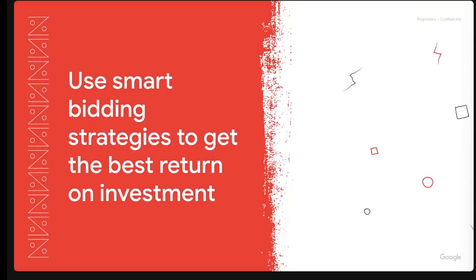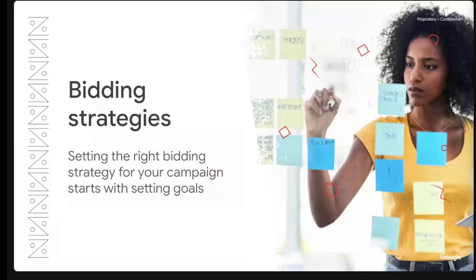The next thing we will look at is how to implement effective bidding strategies when it comes to your campaign creatives. So we have already discussed bidding strategies at length. And just to recap, setting the right bidding strategy for your app campaign starts with defining your goals.